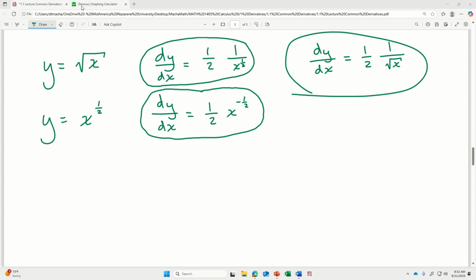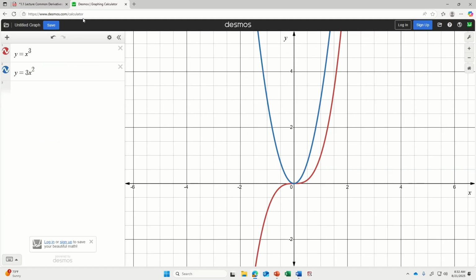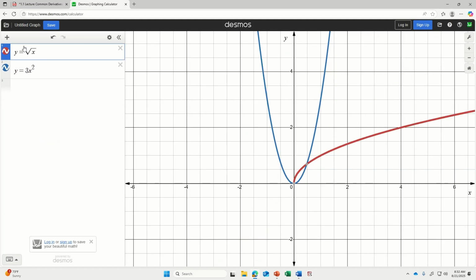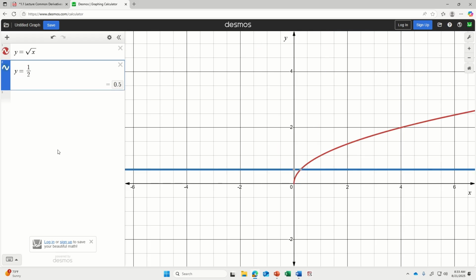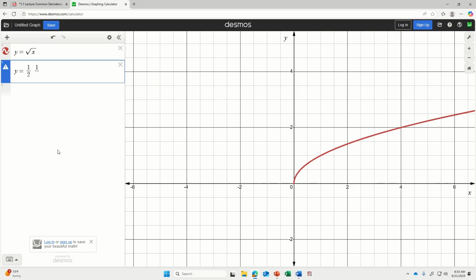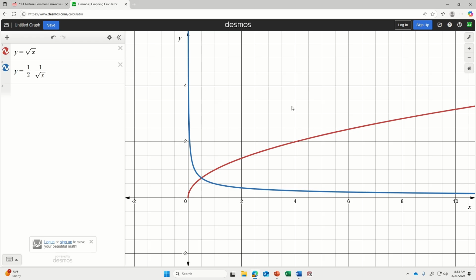Okay, so now let's go back to Desmos. And I'm going to type in the function y equals square root of x. And its derivative, which was 1/2 times 1 over square root of x. Let's talk about it. So the original curve, the square root of x, is in red. And there's no place where the red curve is flat.